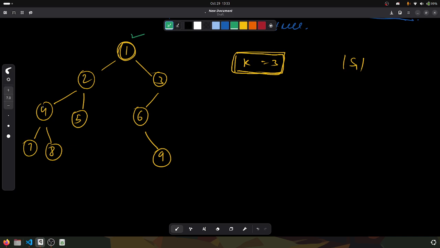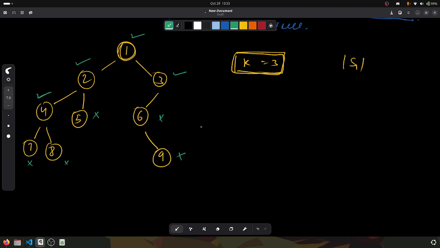Can 2 be a possible node? Yes. Can 3? Yes. Can 6? No, there are no 3 nodes I can select which have an LCA of 6. 5 is also no, 9 no, 7 no, 8 no. 4? Yes, 4 is possible because we can select these 3.